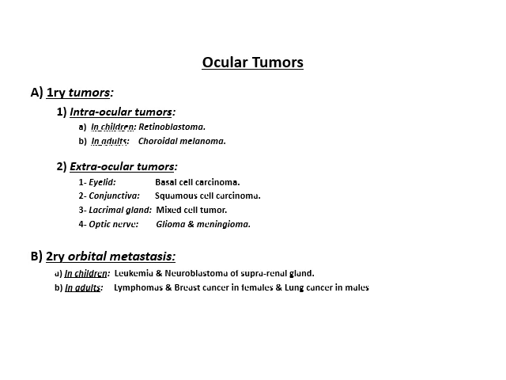The eyelid: basal cell carcinoma. Conjunctiva: squamous cell carcinoma. Lacrimal gland: mixed cell tumor. And optic nerve: glioma and meningioma. As for secondary orbital metastases, the most common in children are leukemia and neuroblastoma of the suprarenal gland.